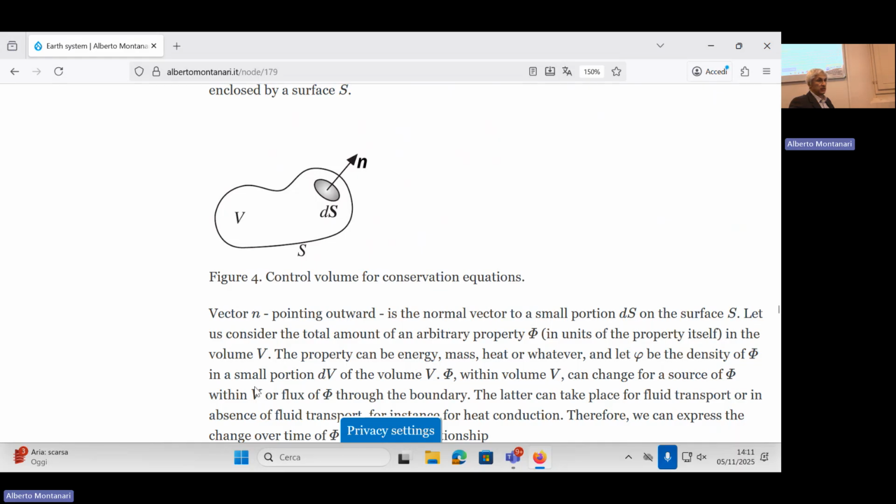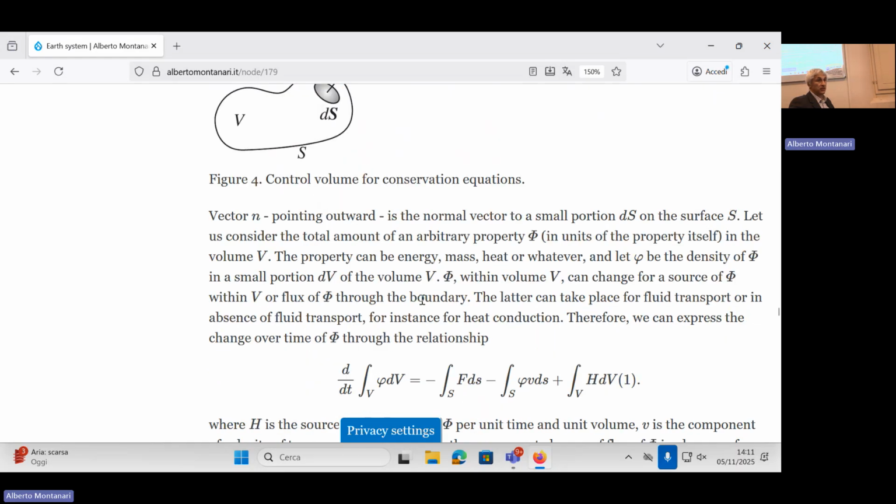Perfect. And then the quantity capital phi within the volume can change for two reasons: a source term, or flux of phi through the boundary.